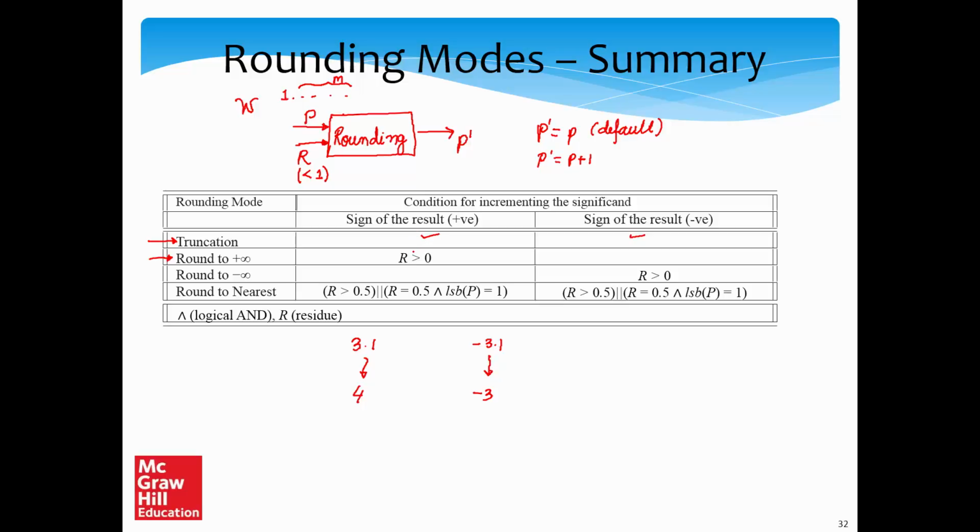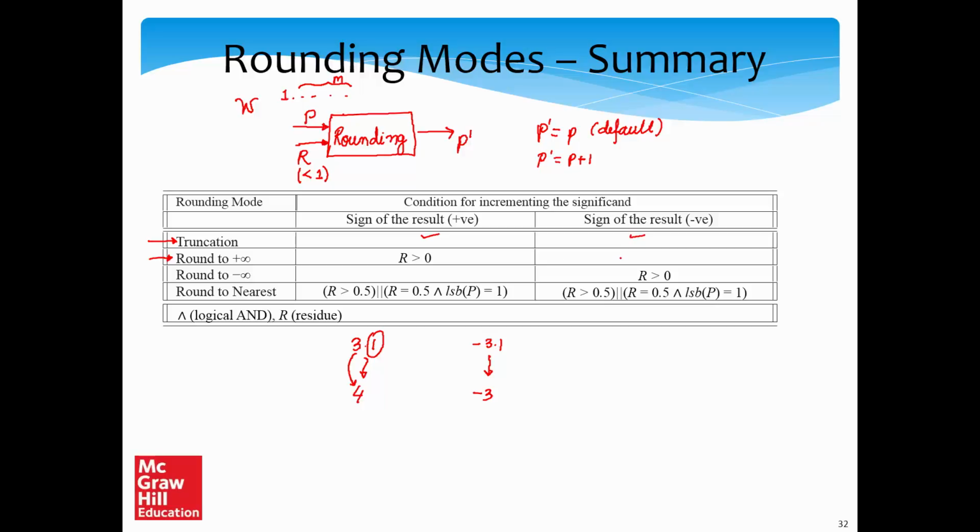So the conditions are as follows: if the sign of the result is positive and we have a non-zero residue, which is exactly this case, then we need to increment the significand. So we need to increment 3 to 4. Otherwise, if the residue is 0, we don't need rounding, so we can leave it as is.